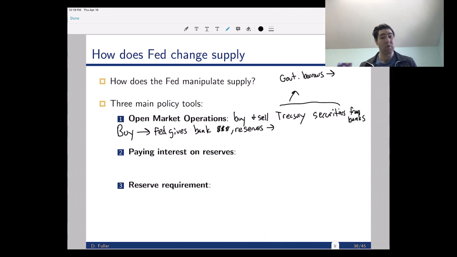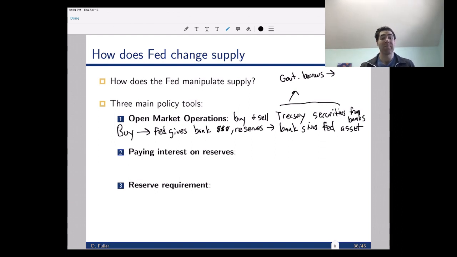Right? The Fed says, okay, you have your account here with the Fed that you have reserves in as deposit, and we're going to credit that account with $1 billion. And in return, you give us $1 billion worth of Treasury securities. So the Fed gives the bank reserves, and the bank gives the Fed the asset, which is the Treasury security.